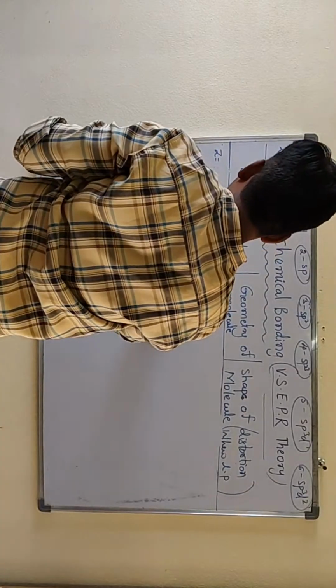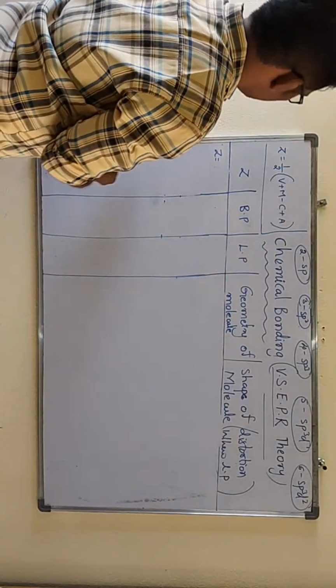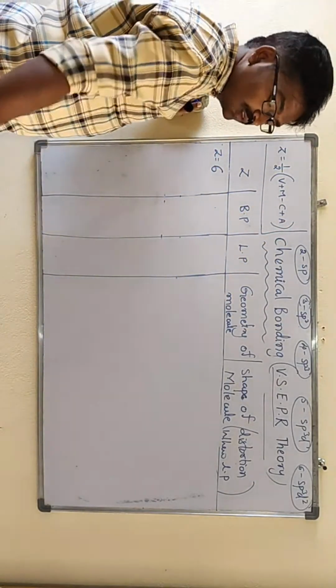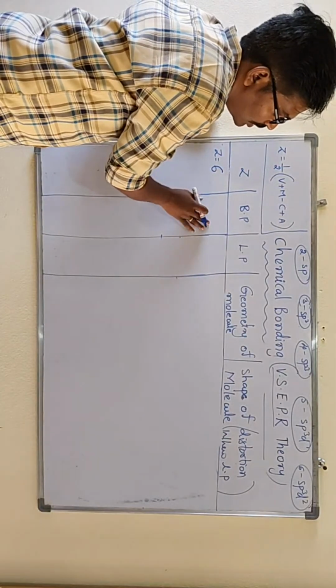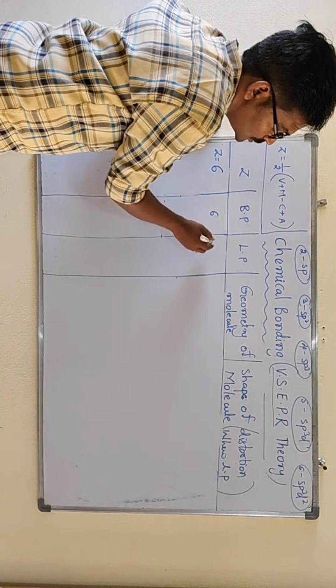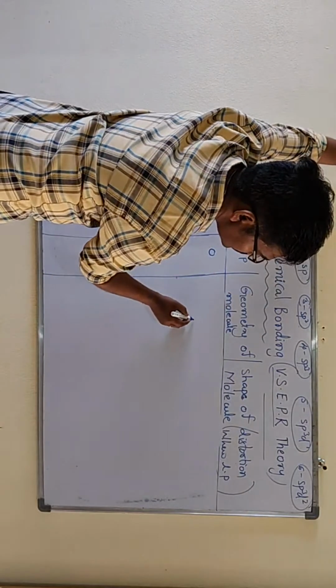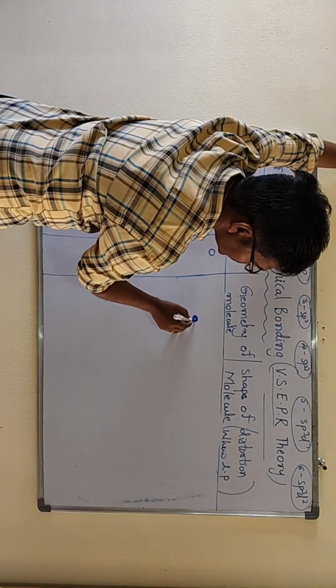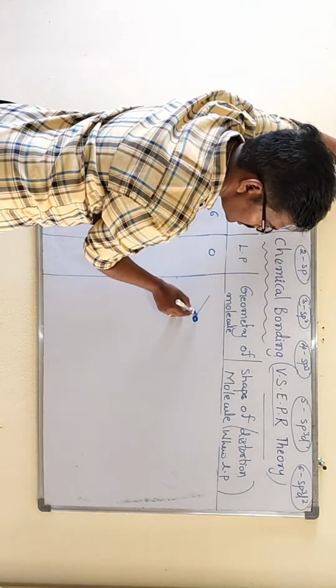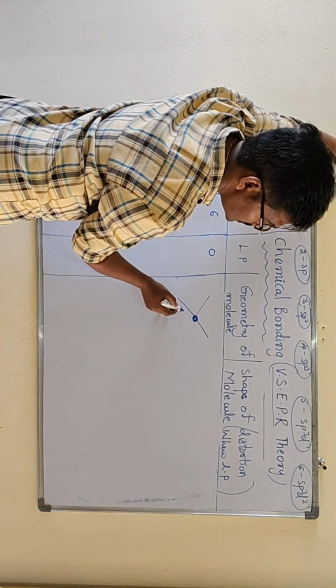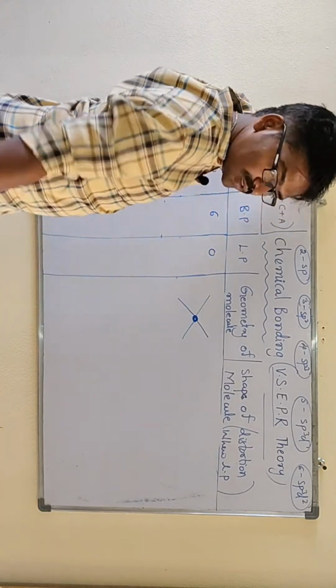How many bond pairs and lone pairs? Z value 6 is there. In this case, all are bond pairs: 6 bond pairs are present and 0 lone pairs, just assume it. Now the geometry of the molecule. This is the central atom. The central atom is surrounded by 6 bond pairs. Assume it.